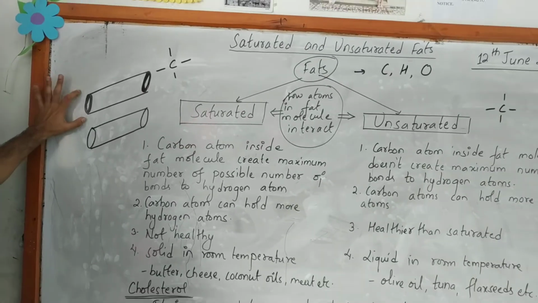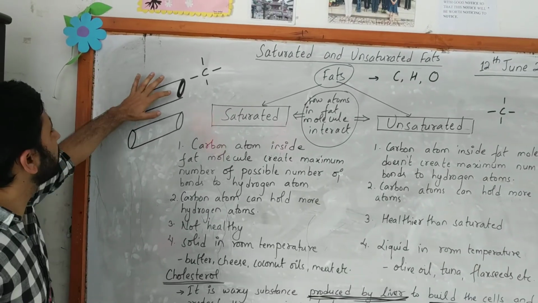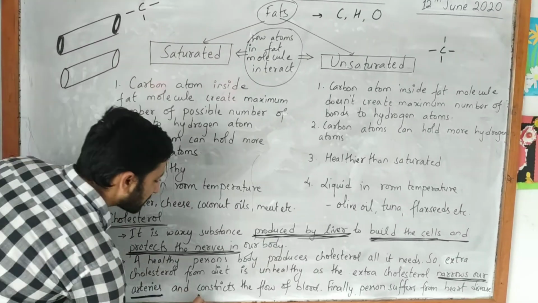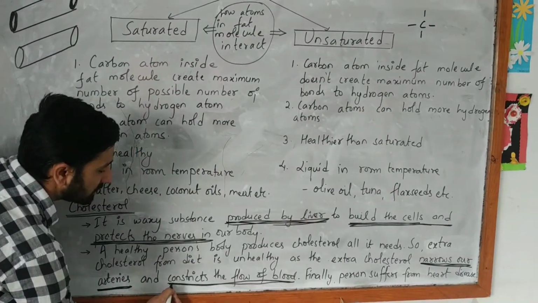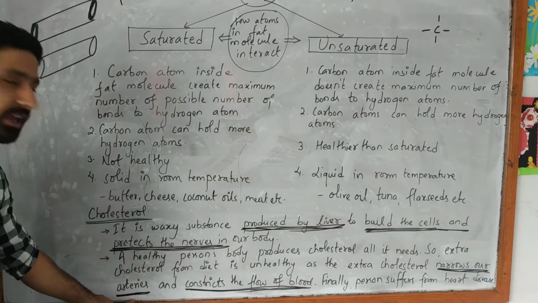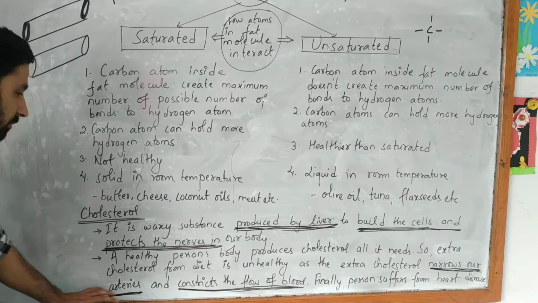That means the appropriate amount of blood does not flow. That means there is constriction of the flow of blood due to narrowing of the arteries, one type of blood vessel.